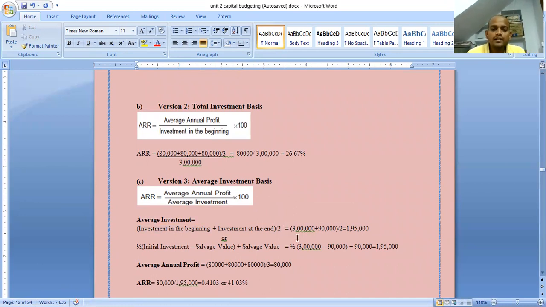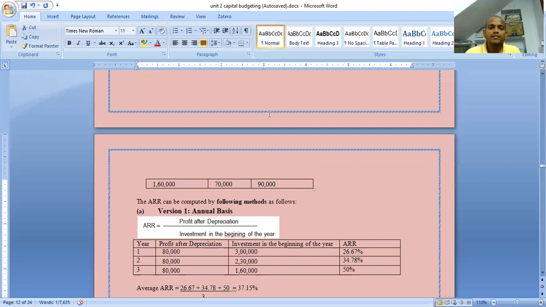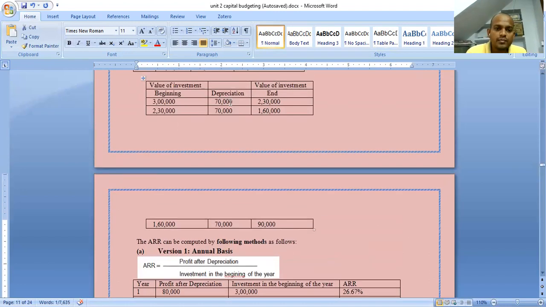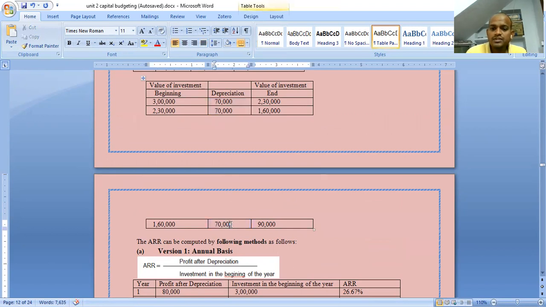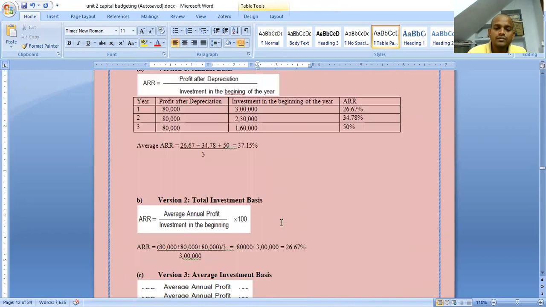So investment in the beginning, that is 3 lakhs, plus investment at the end after deducting everything. See, depreciation. Every year we have to provide depreciation. Finally, we will get the value of investment at the end, that is 90,000.